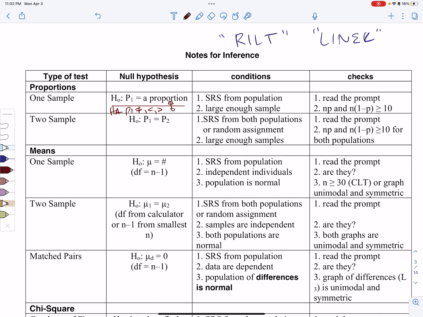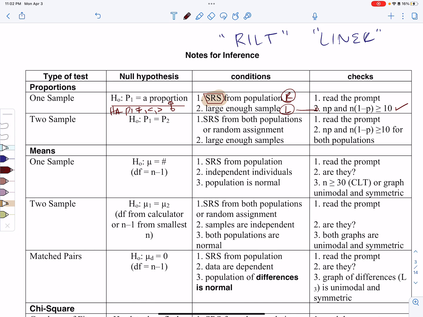Now your conditions, that's R, SRS means simple random sample. And so that's my R. And the large enough sample, that's the L, talking about, well, how do I check that? By doing your NP and NQ greater than or equal to 10. So NP, notice it's NP, and NQ greater than or equal to 10.